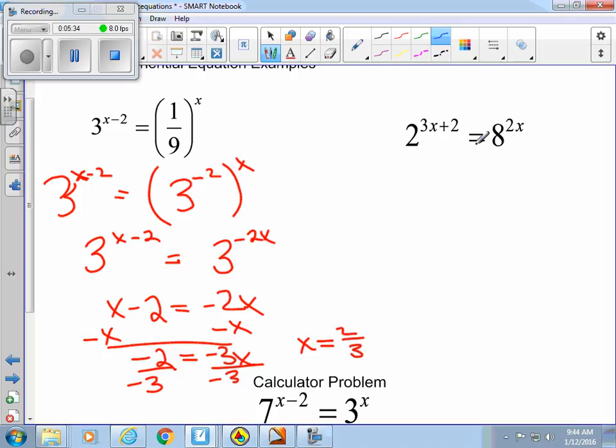2 and 8, do they share a common base? 2, good. 2 to the 3x plus 2. What is 8 as a power of 2? And that's where the 3 came from. 2 cubed is 8. Does everyone agree?